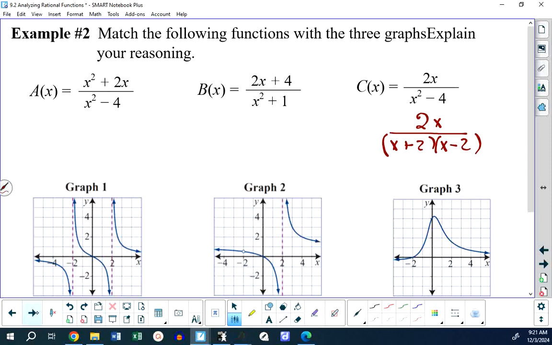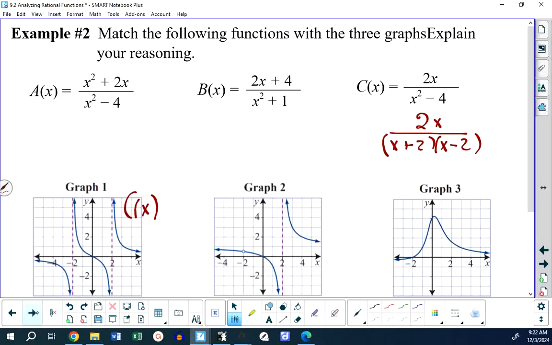Because neither of these factors in the denominator of c appear in the numerator, neither of those denominator factors cancel, which means those two factors give us two vertical asymptotes. Well, that's graph 1. We don't even need to go any further. Graph 1 is the only graph that has two vertical asymptotes. So this is c of x.